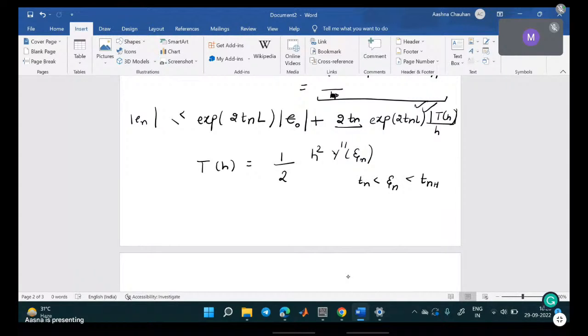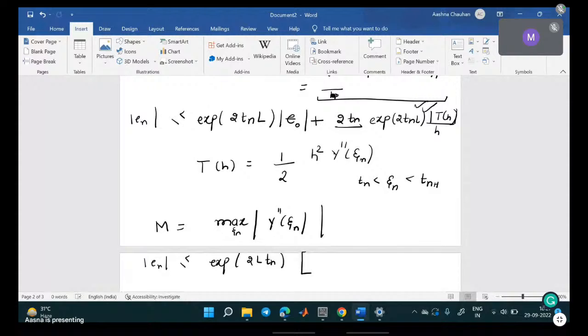Now, if capital M is the bound of this y double dash of epsilon n, if capital M is the maximum of y double dash of epsilon n, where epsilon n lies between this, so I can write En is less than equals to exponential of 2L Tn.